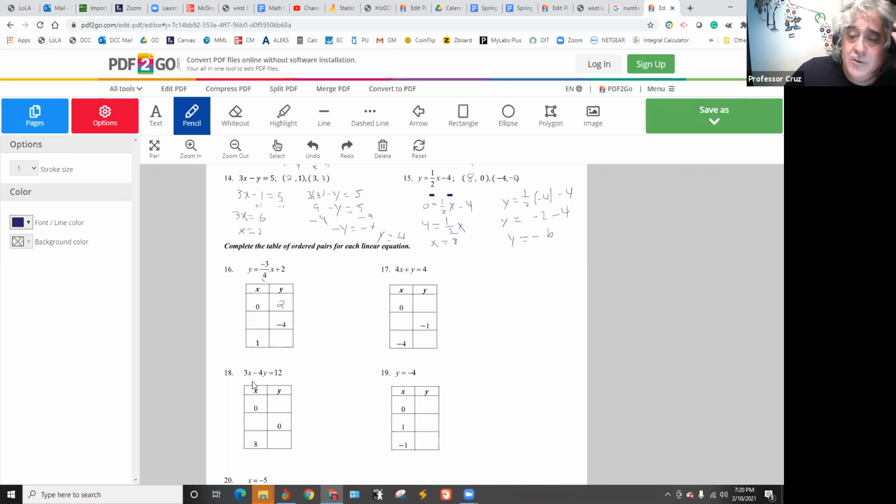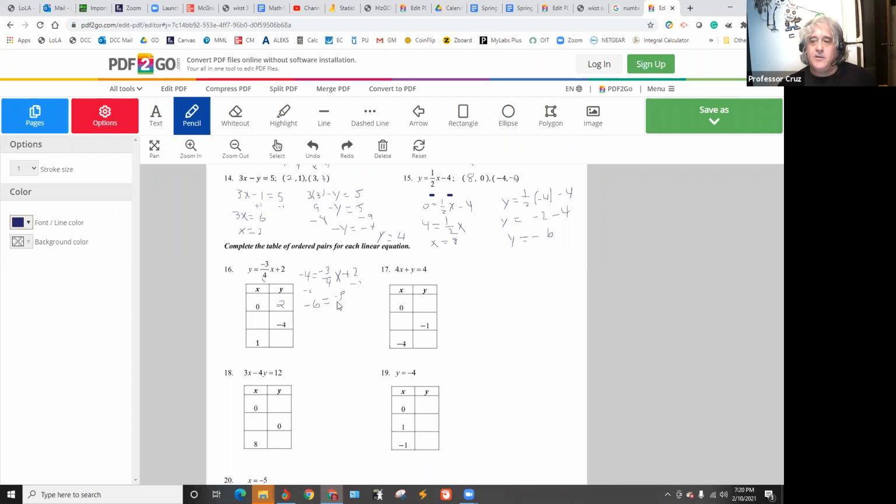There's really only these two. This right here and 20 are kind of special cases. So what happens when you put in -4 for y? You got -4 is equal to -3/4 x plus 2. So -2 minus 2. So that's -6.